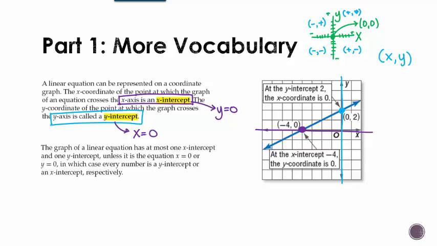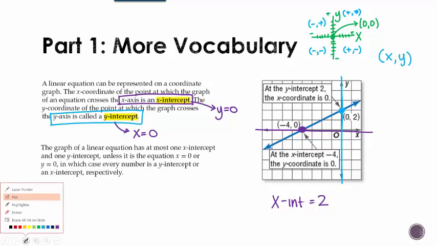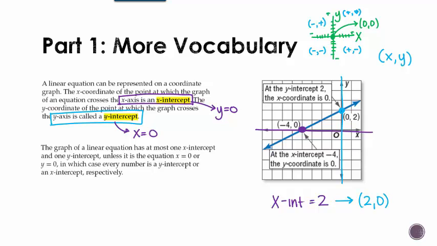So when I give you something like the x-intercept is 2, you should be able to turn that into a point, because you know that y has to equal 0 when it crosses the x-axis at 2. Or if I tell you that the y-intercept is 6, you should be able to make a point because you know x has to be 0 there.